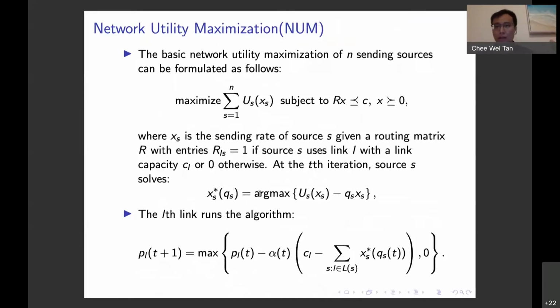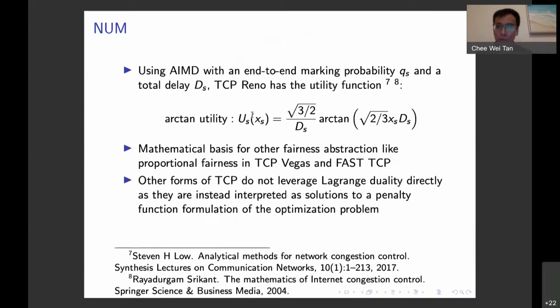And what that theory embodies, this framework of network utility maximization, is to say that whatever algorithms we design, whatever TCP algorithms we design, it corresponds one-to-one to a particular utility function. For example, in the case of this AIMD algorithm, it turns out that the utility function, as they work out through the math, is arctangent utility, which is concave.